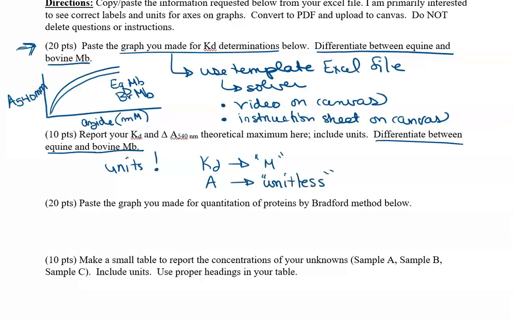I think this next point is where a lot of students had difficulty, and that was in figuring out the concentration of protein in your unknown samples. So I want to go through this with you to make sure that you see how to do this.